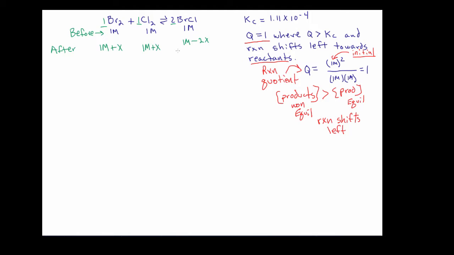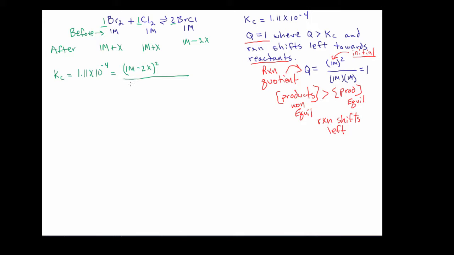Okay, so now we have a situation which allows us to solve for the equilibrium concentrations. And so let's go ahead and set up our expression. So Kc equals 1.11 times 10 to the minus fourth, and the numerator is going to be 1 molar minus 2x, and that quantity is squared.